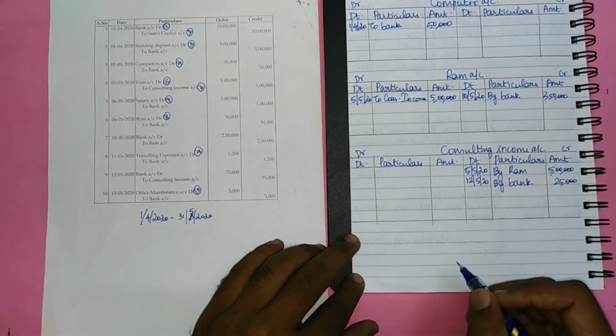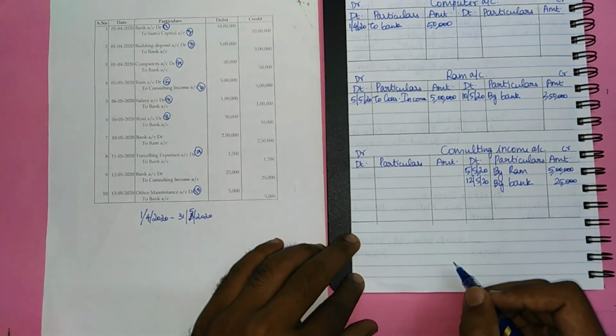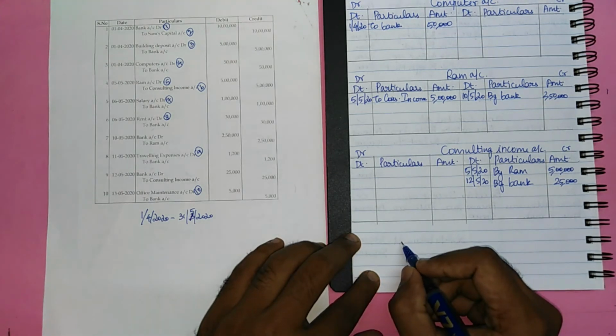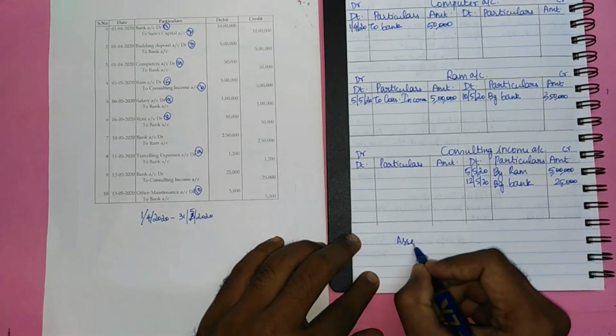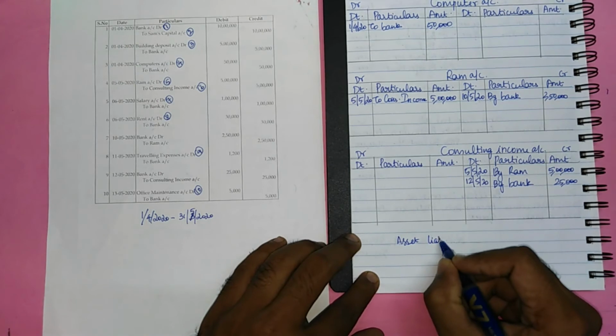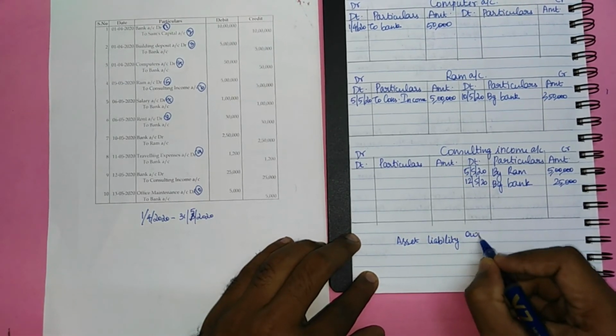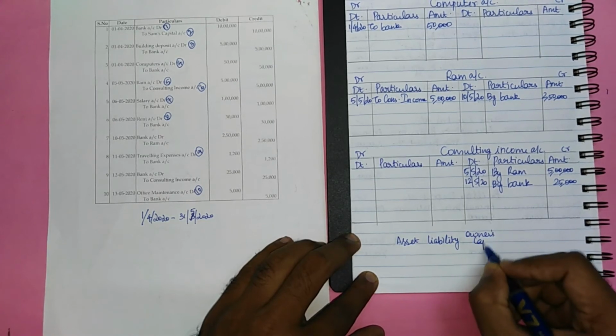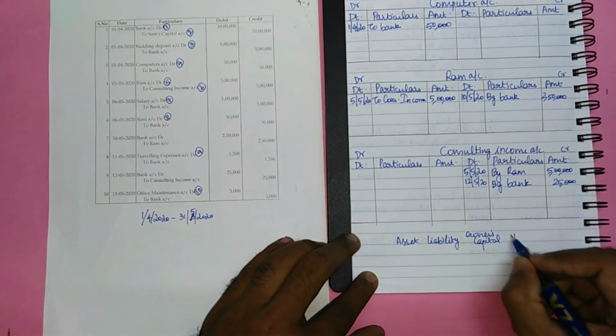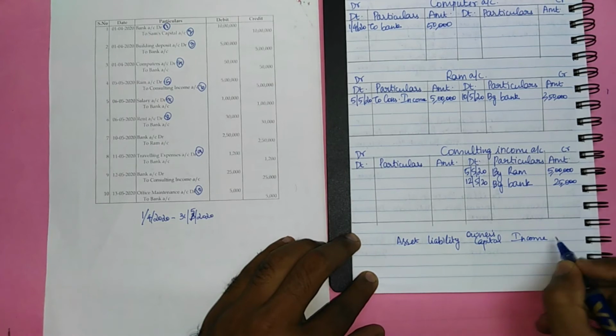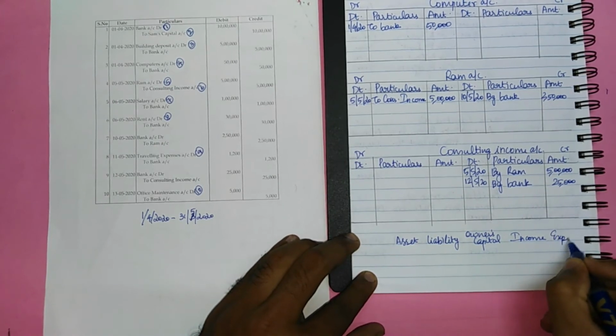Before moving further, let me teach you a simple concept. As we saw in the previous video, there are 5 account heads, that is asset, liability, owner's capital, income and expense.